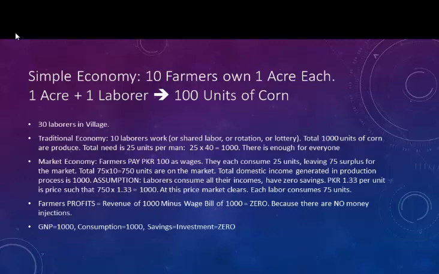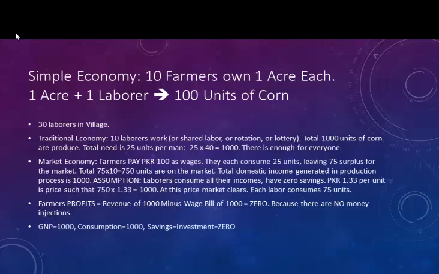Actually, this is the two-price system in operation, because at the time you pay the wages, production is going to take place, but the reality, how much production will take place, will be in the next period. You don't know who else is hiring, you don't know what the demand conditions will be at that time. So at that time, what the real value of this labor will be, you don't know at this point. So you just pay what is the going price, which is 100 rupees by assumption.